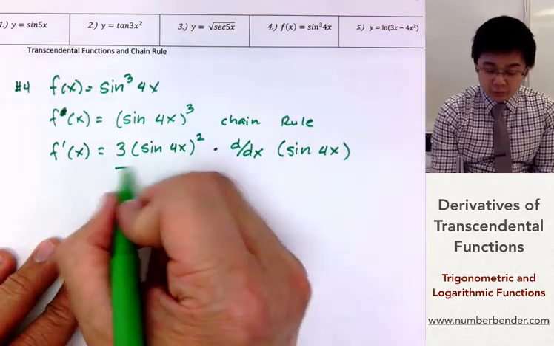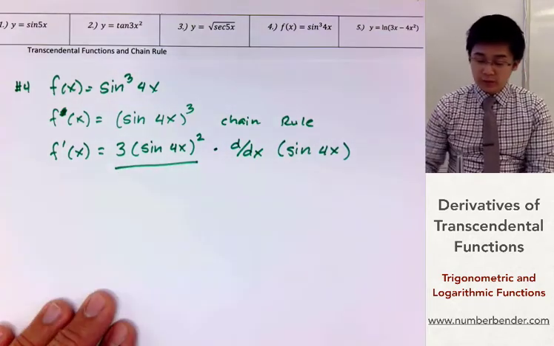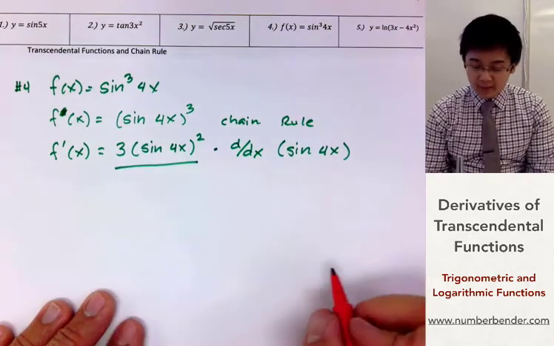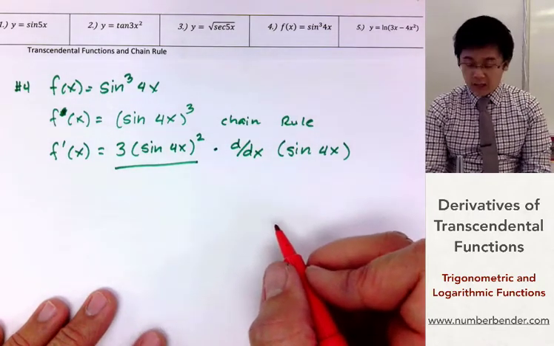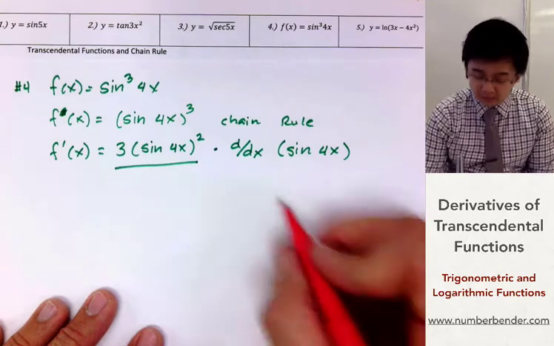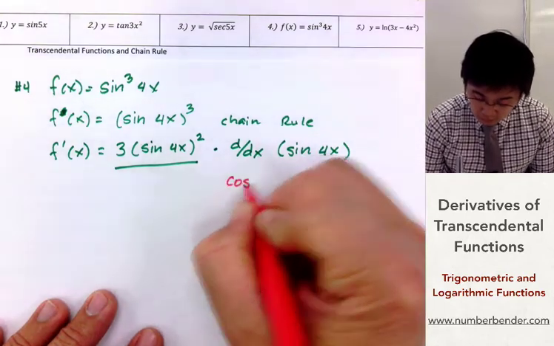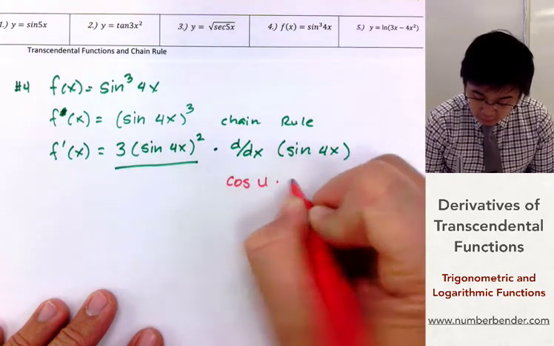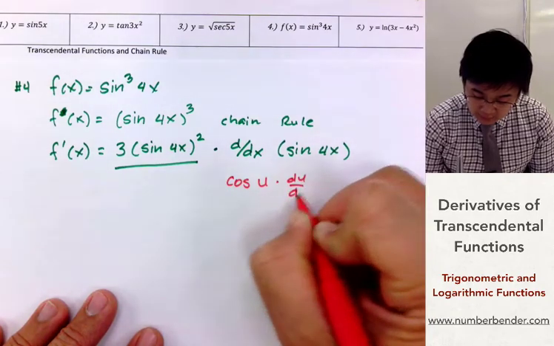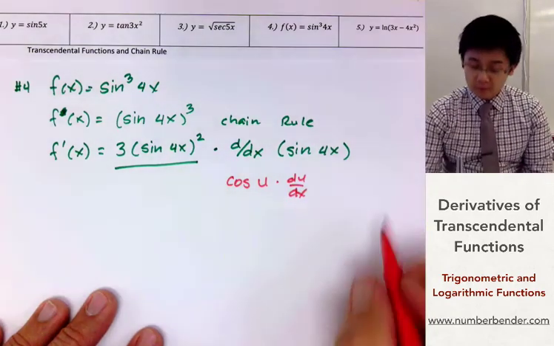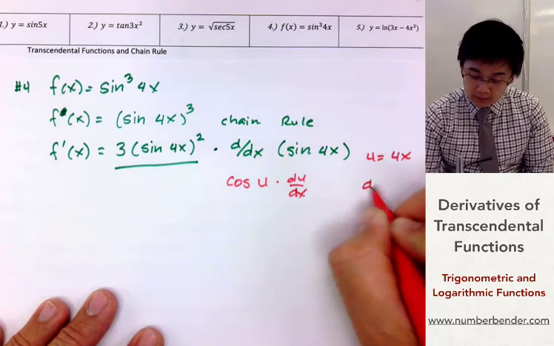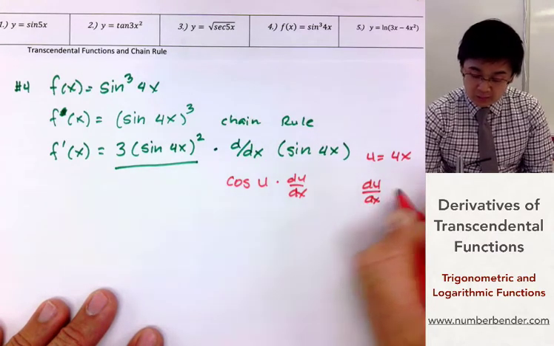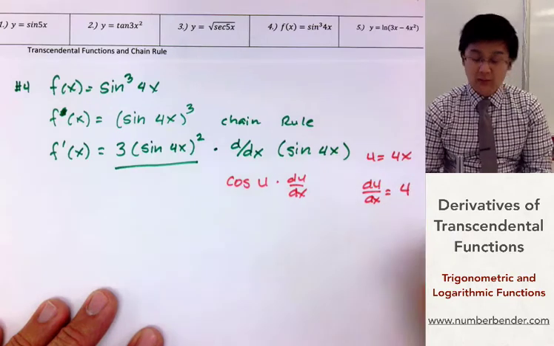So we're finished with this already. We just need to find the derivative of sine 4x. And we know the derivative of sine u is equal to cosine u du dx, wherein u is 4x and du dx, or the derivative of u with respect to x, is simply 4.